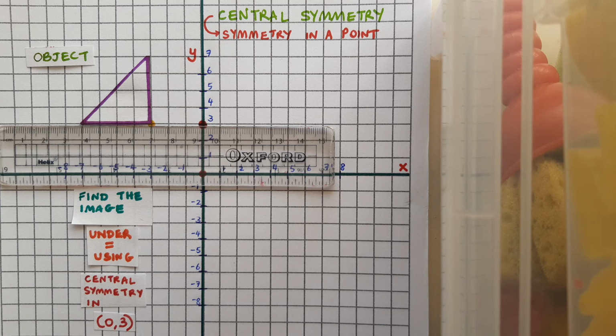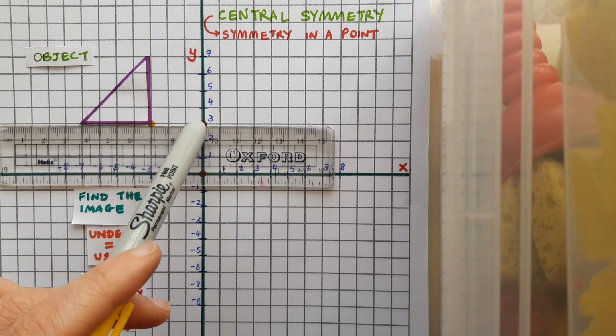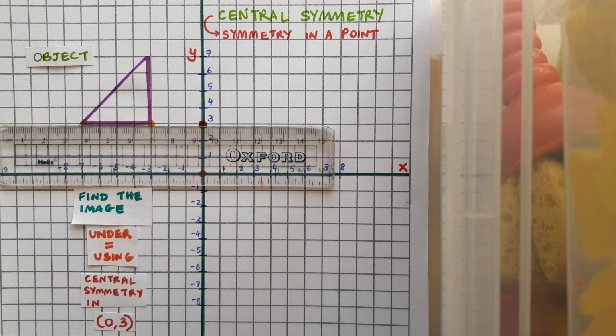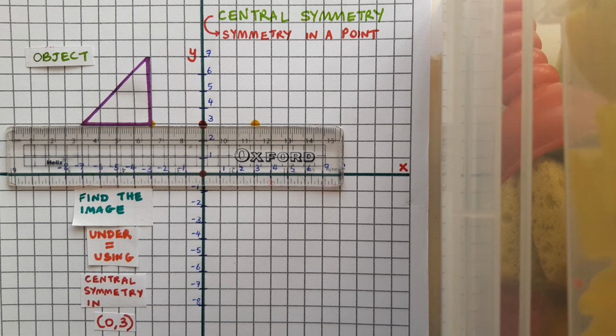And I'm going to figure out how do I get from the vertex to the point of symmetry. And in this case, it's really easy. I just go 3 boxes across. So I continue on past the point of symmetry out the far side by the exact same amount. So out 3 on the far side also. So now I found the image of that vertex.